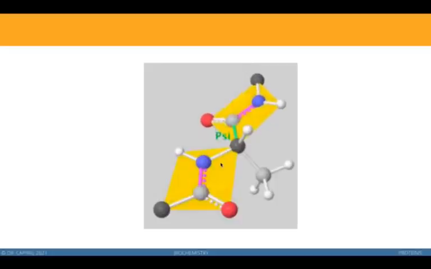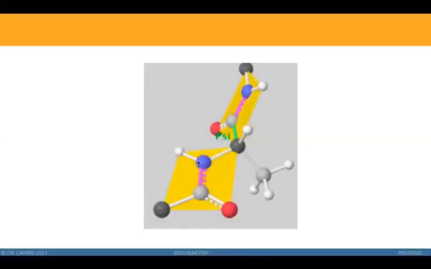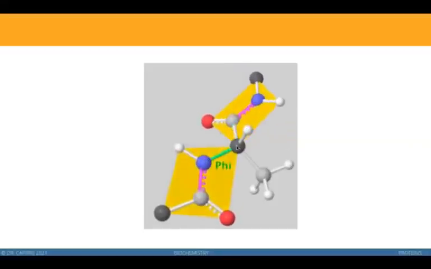The phi rotation occurs between the alpha carbon and the nitrogen, okay, and the psi rotation between the alpha carbon and the carbonyl carbon.